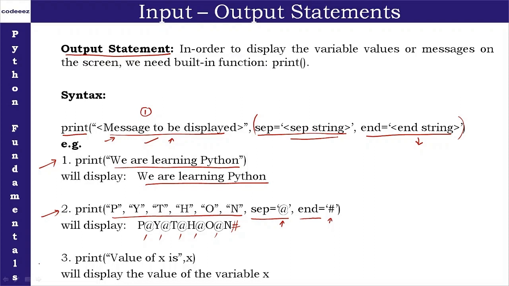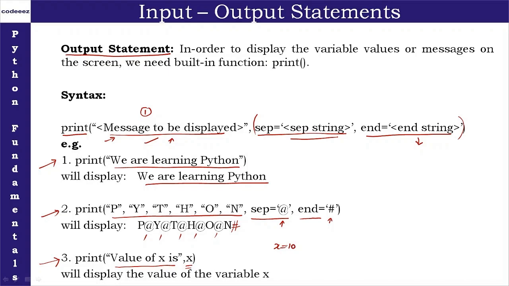We can also make use of the print function, making a combination of a message and the value of a variable to be displayed on the screen. See here, I have simply written value of x is, comma, and the name of a variable. What it will do is print the message and the value of x on screen.